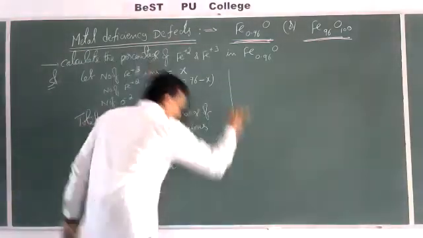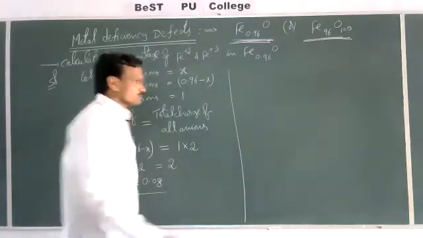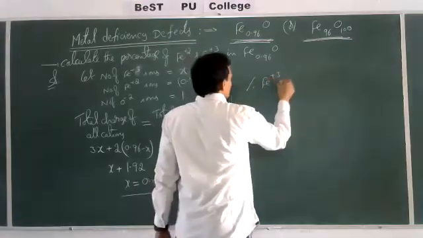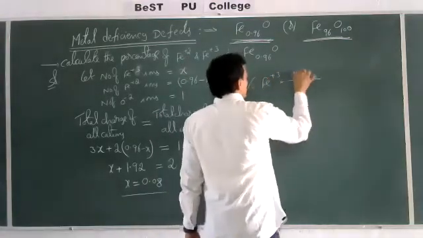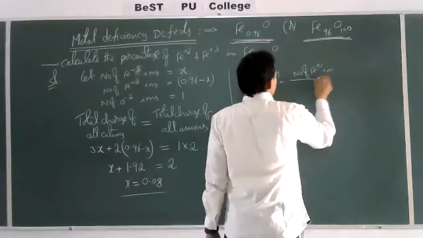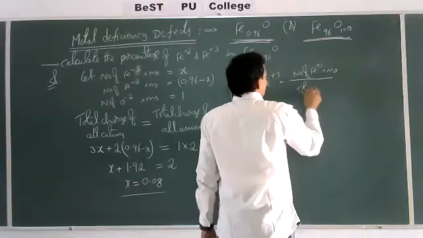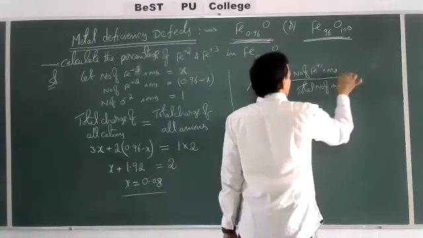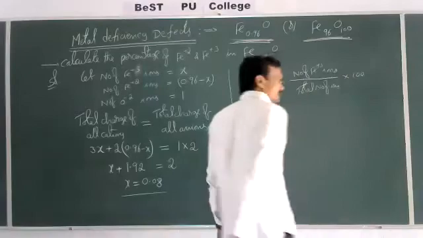Now from this I will calculate the percentage of Fe plus 3. The percentage of Fe plus 3 is equal to the number of Fe plus 3 ions divided by the total number of ions into 100.